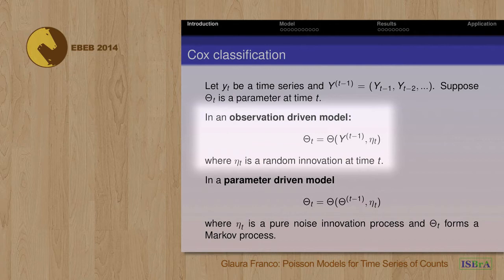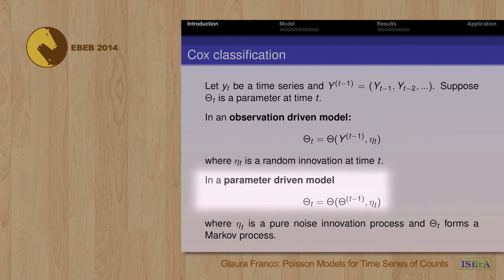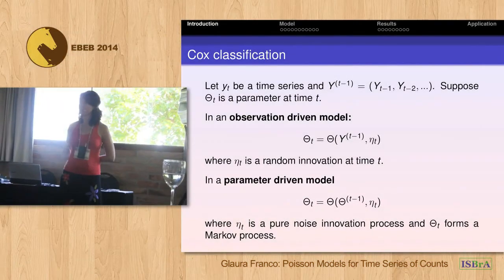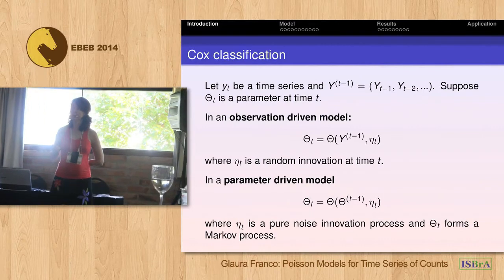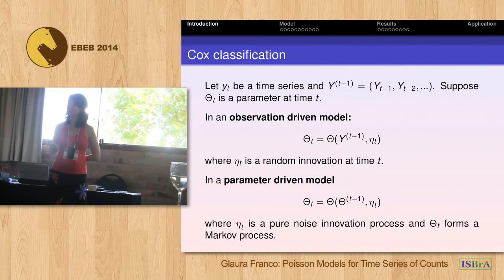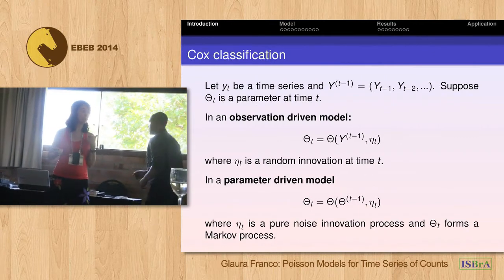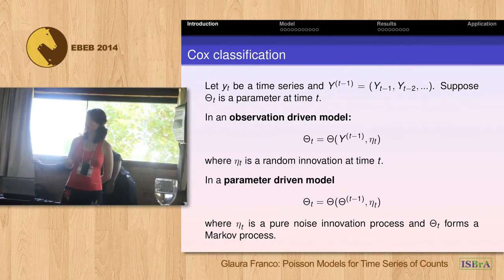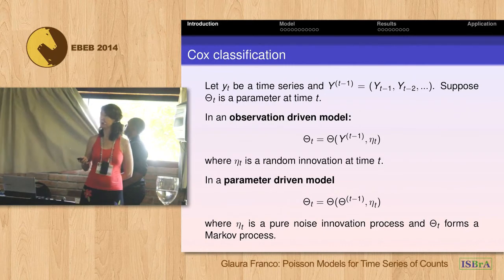For the parameter-driven model, this parameter is a function of the parameters up to time t minus 1 and a noise innovation. So this is the main difference. Here, the parameters are a function of the series, and here the parameters are a function of the parameters in the past times. So here we have a latent structure for these parameters.